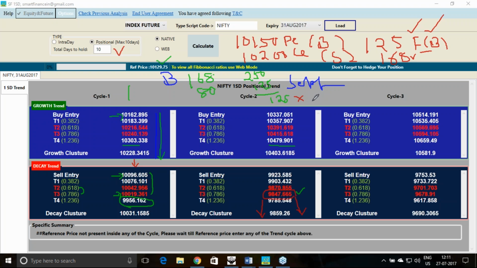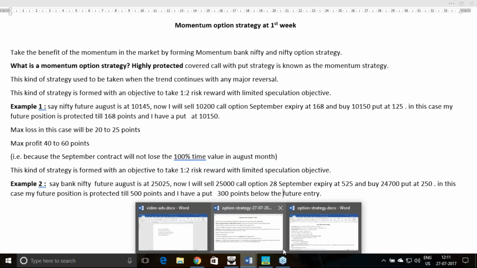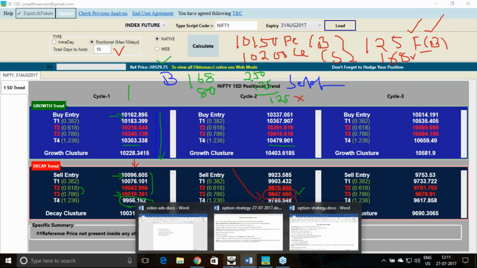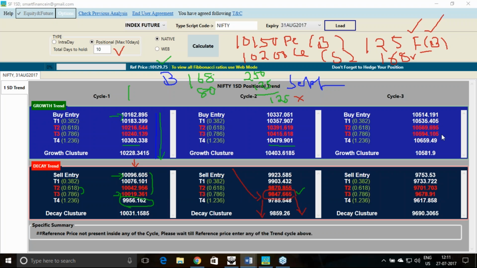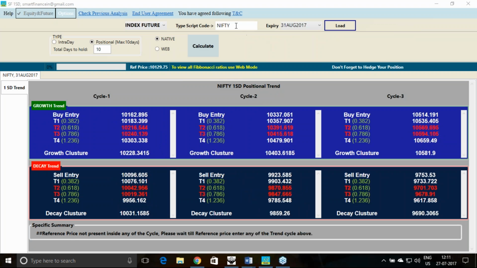And the 25 points of loss will be incurred once the trend completely changes and it comes to the second level. So these strategies are only useful for traders who want limited speculation and a high degree of protection of their capital, while at the same time they wish to earn.